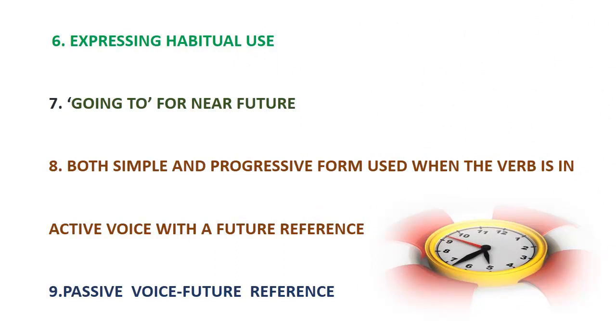Number 6, expressing habitual use. Number 7, going to for near future. Number 8, both simple and progressive forms used when the verb is in active voice with a future reference. Number 9, active voice, future reference.